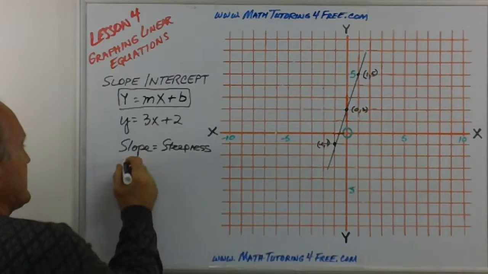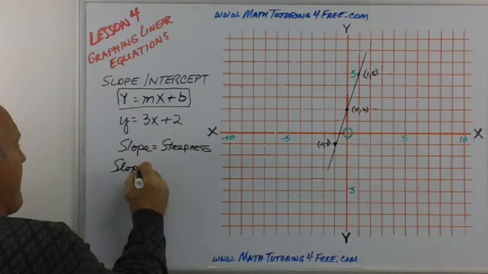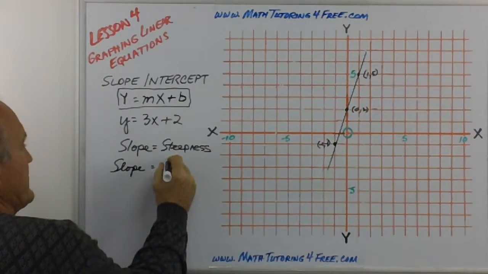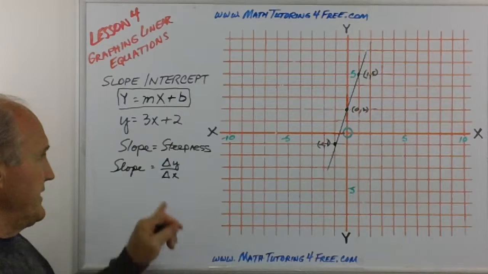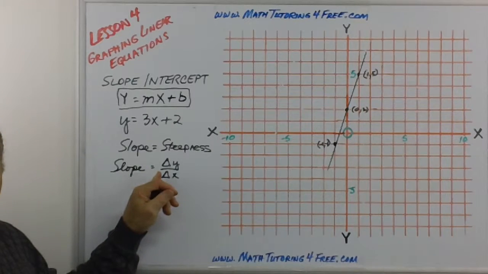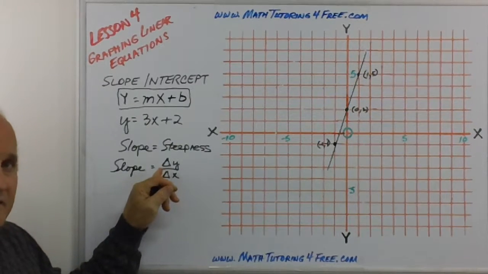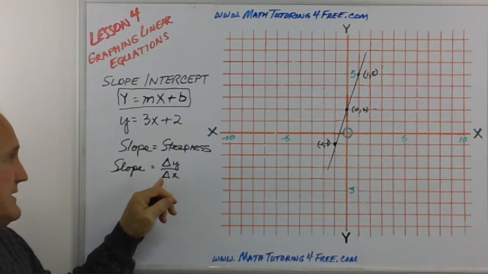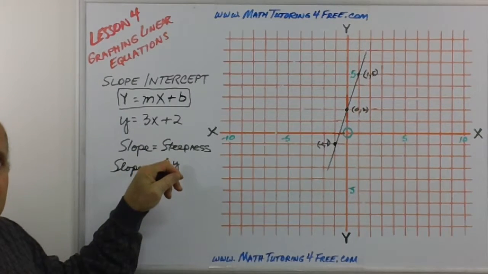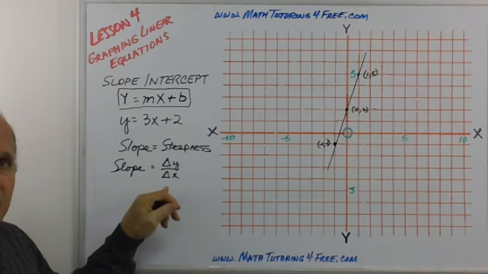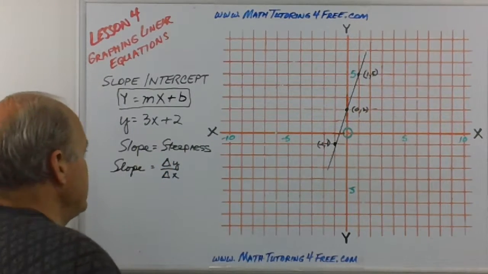And the slope is actually defined as the change in y over the change in x. Now, I've shown it here as a triangle, the Greek letter delta, which stands for difference. So I would read this as the difference in y over the difference in x.